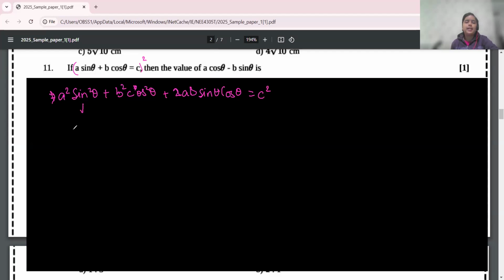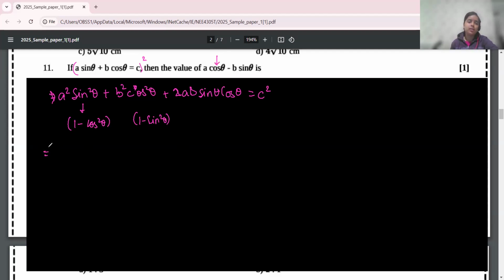Now I am putting sine square theta as 1 minus cos square theta and cos square theta as 1 minus sine square theta. We'll get to know why this has been done, but you'll need to do this to get here.